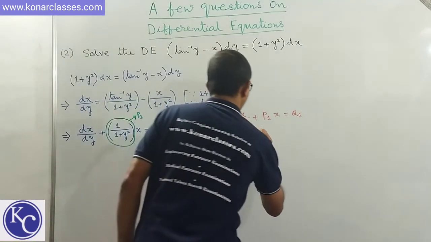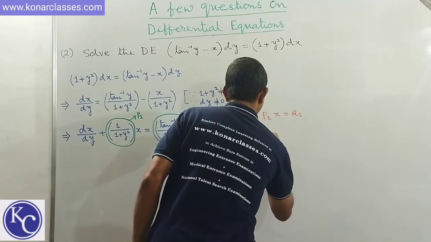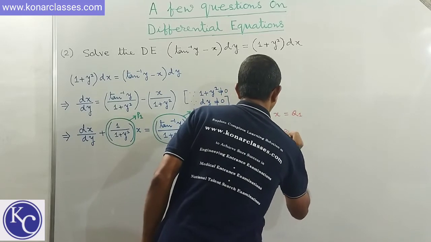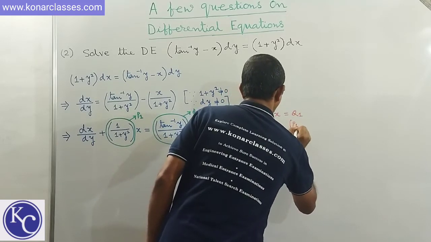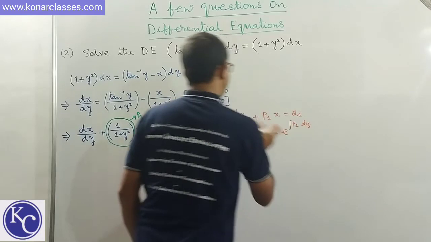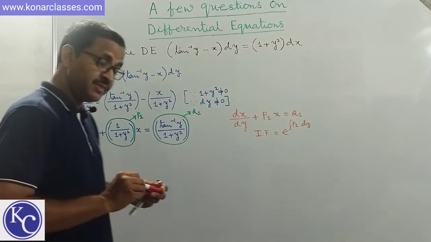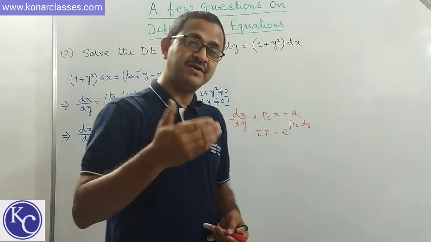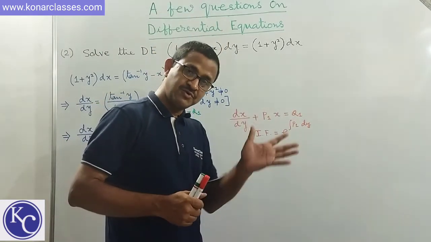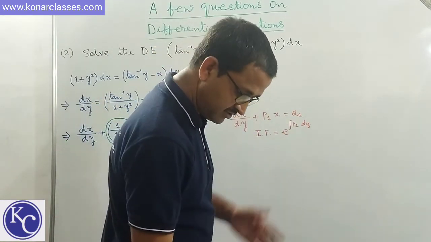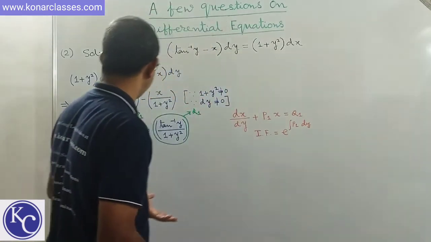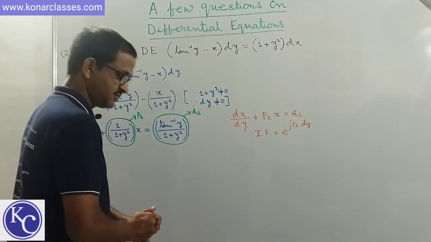Here we need to find the integrating factor as e power integration p1 dy. After that you need to multiply both sides by the integrating factor and get the solution. If you want to know more about linear differential equations, please look into the previous sessions. It's all available on YouTube and the online test platform at konarclasses.com.